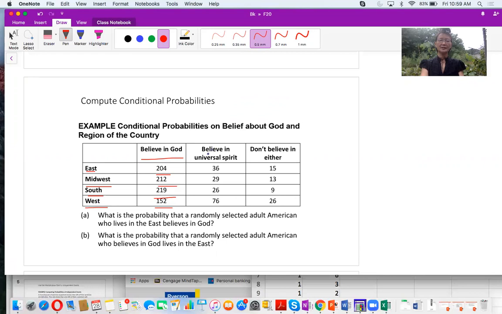Similarly, the second statement: you believe in a universal spirit.